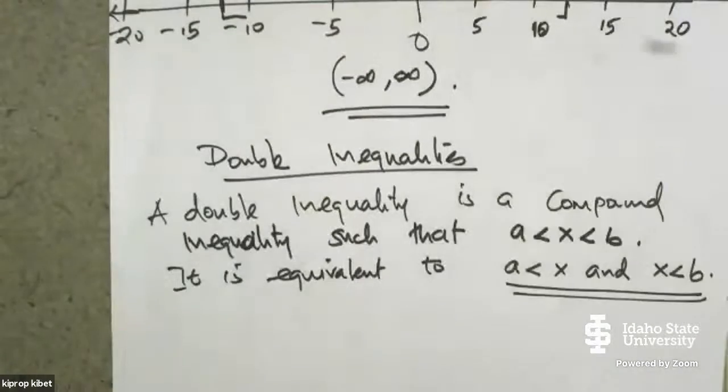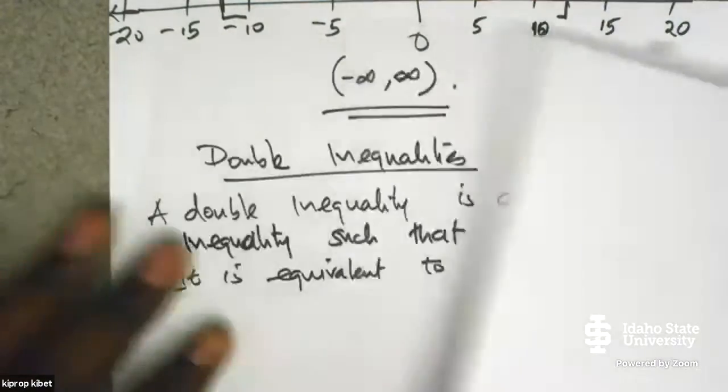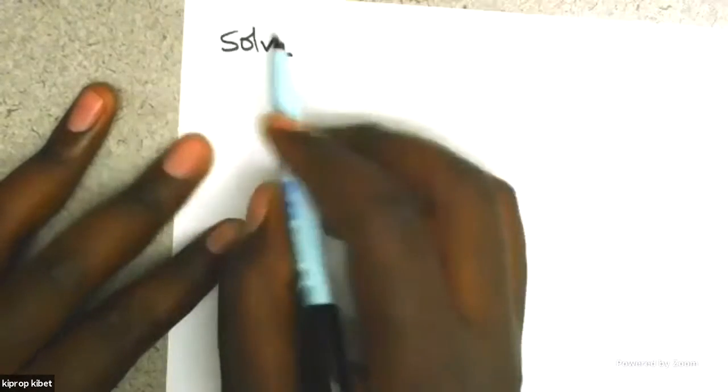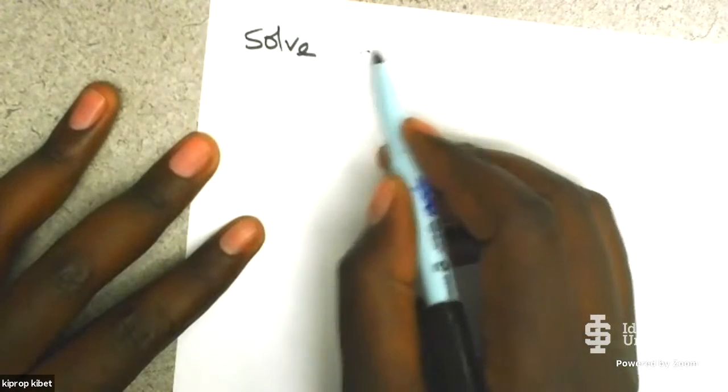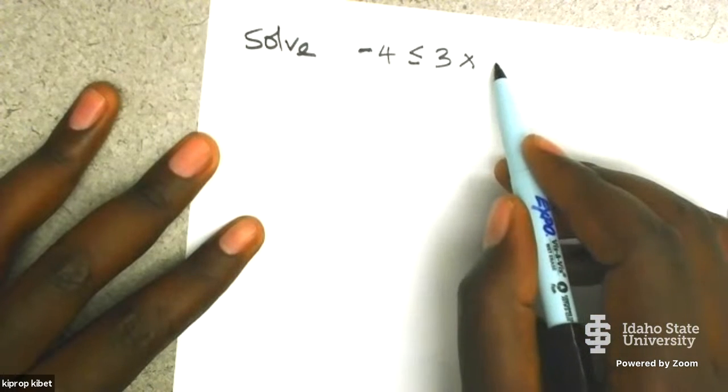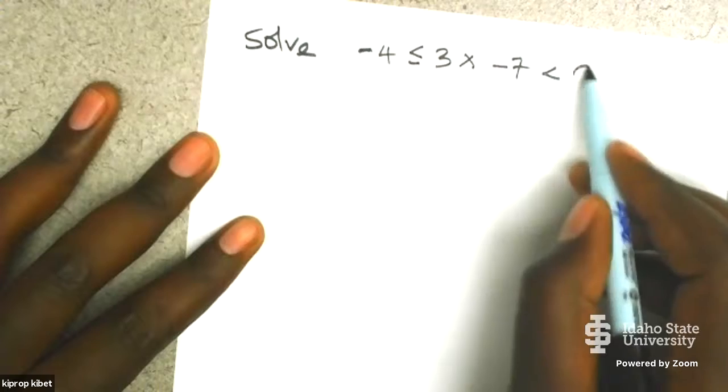For example, solve -4 less than or equal to 3x - 7 less than 8.